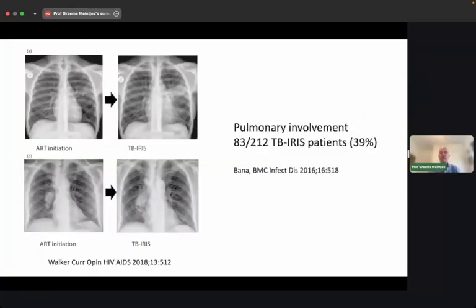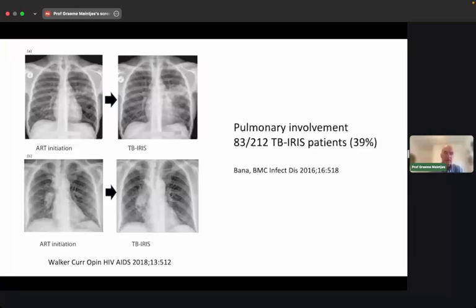And these are some other examples of pulmonary TB-RS, which occurs in 40% of patients with TB-RS. In the top panel, patient A's chest x-ray shows known TB at the time of starting ART. The patient starts ART, develops TB-RS with recurrent symptoms and a worsening pulmonary infiltrate, so the original area of infiltrate in the left midzone expands.